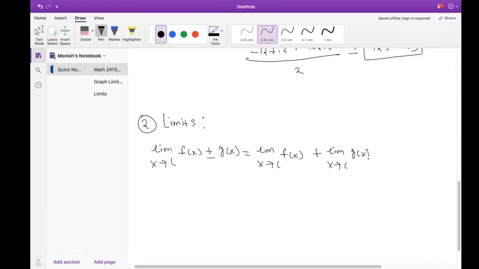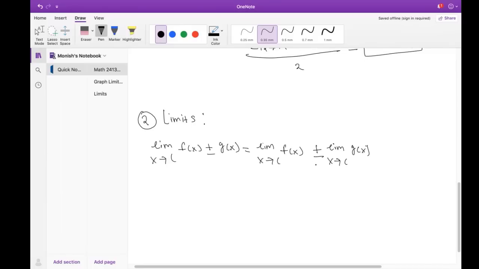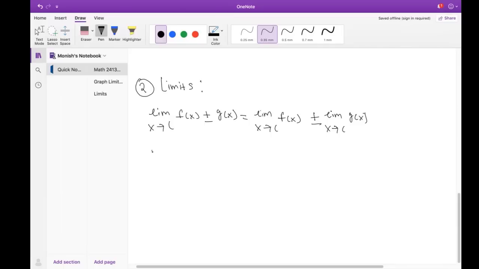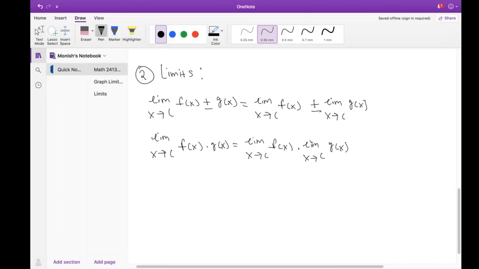So you can split limits like that, and you can also do this for multiplication and division as well. So if I had f of x times g of x, I could just say that's the limit as x approaches c of f of x times the limit as x approaches c of g of x. And you could do the same thing with division as well.